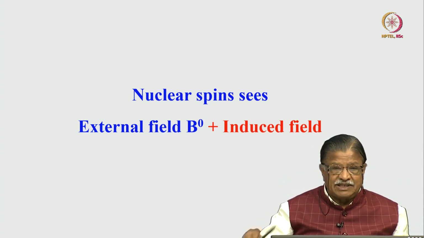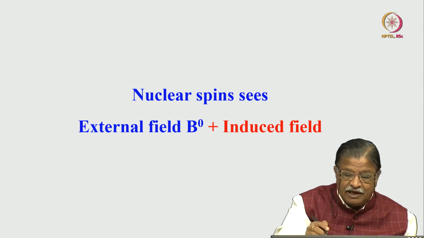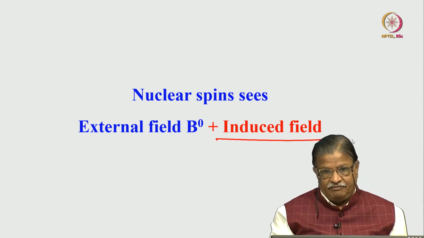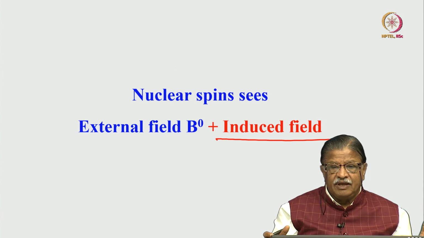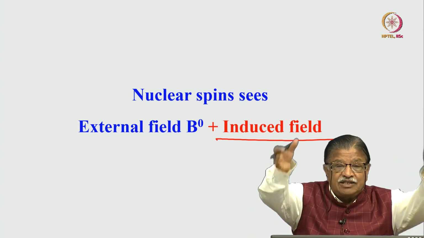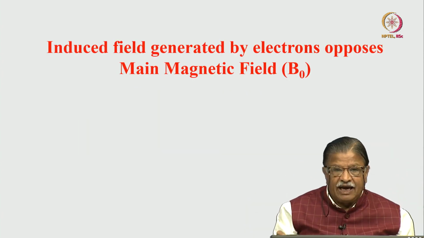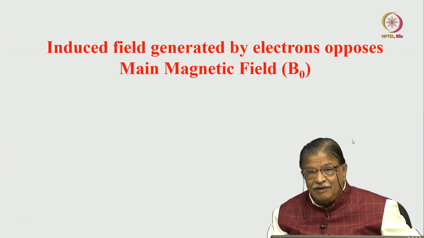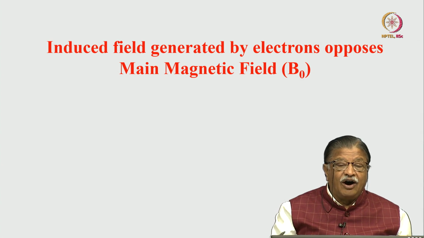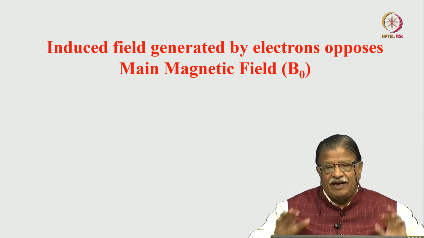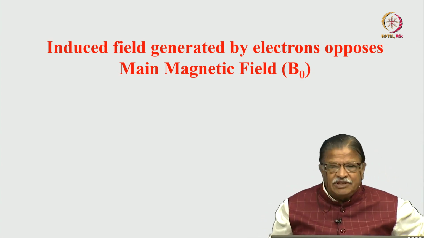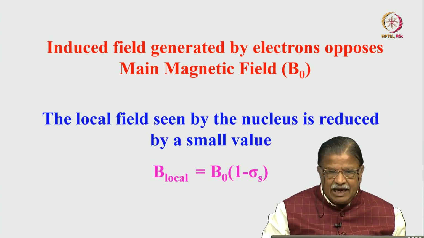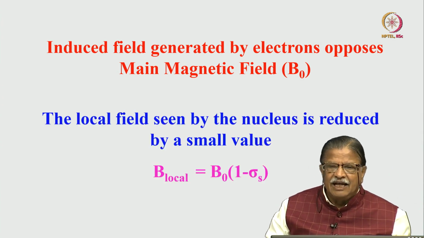The nuclear spin sees the external magnetic field B naught plus the induced field. The induced field generated by the electrons always opposes the main magnetic field, and this is the local field.